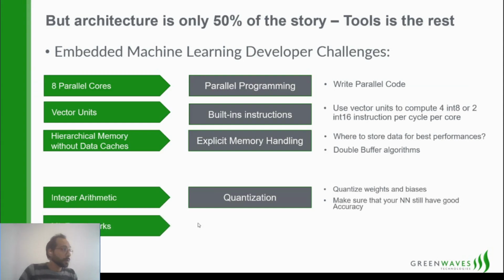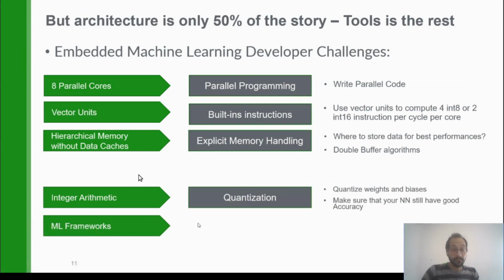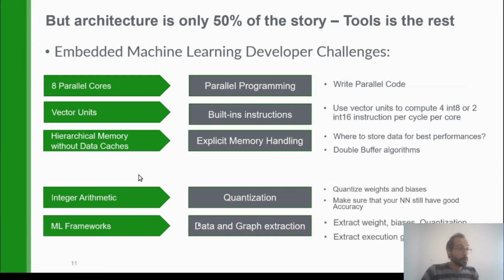And the last point is that we usually exploit machine learning frameworks to train our algorithms. So we would like to automate the graph and all the node dependency extraction, and also the model extraction, and then put it into GAP.